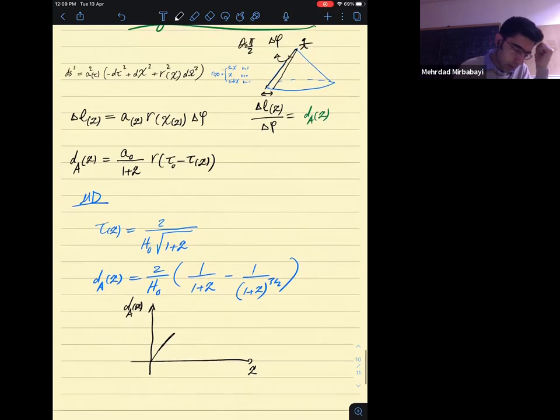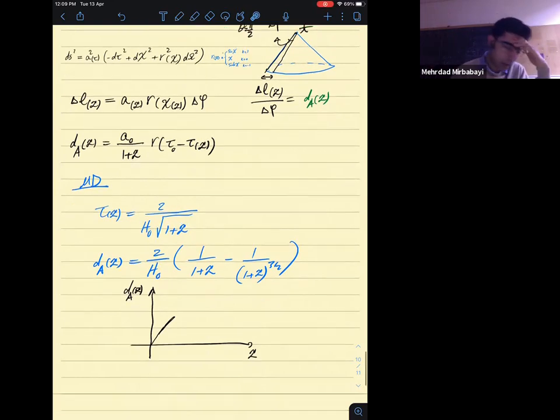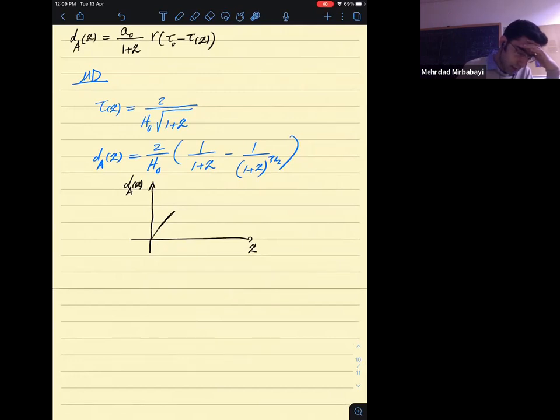So remember this, if we were in Minkowski, as we go past in time, this radius grows in the same way as the Minkowski time grows. So we would just have a linear relation. But then at larger times, it changes because of the curvature, and then it will go back to 0. So it will have a maximum.